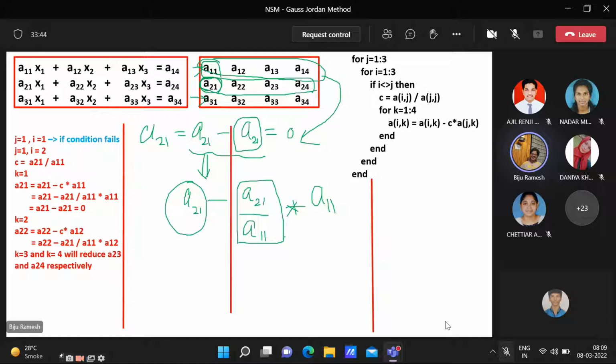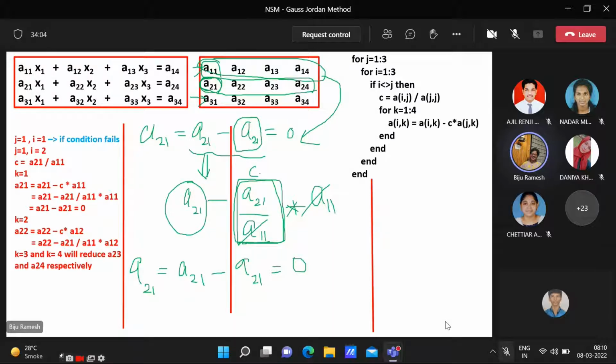Now these two get cancelled and I get A21 as the numerator. So I have succeeded: A21 minus A21. So A21 is equal to A21 minus A21, which is equal to 0. I should be smart enough to select the scalar, or here I am using the word constant.